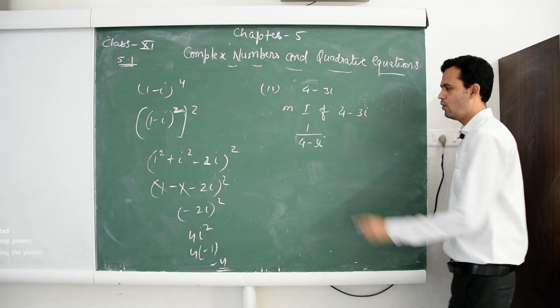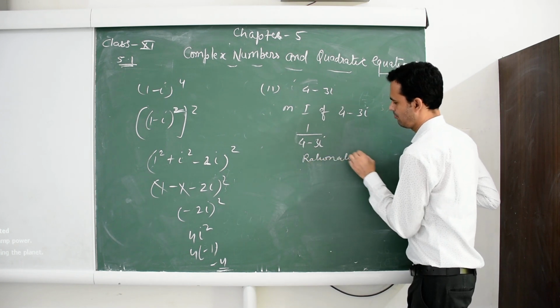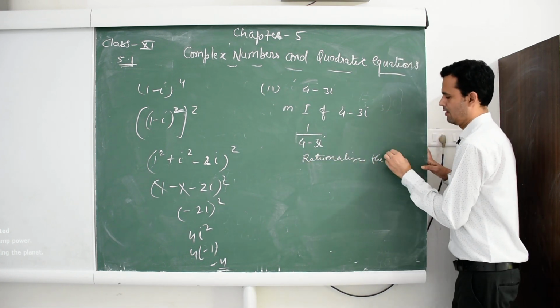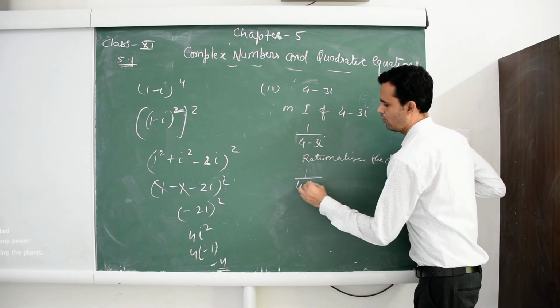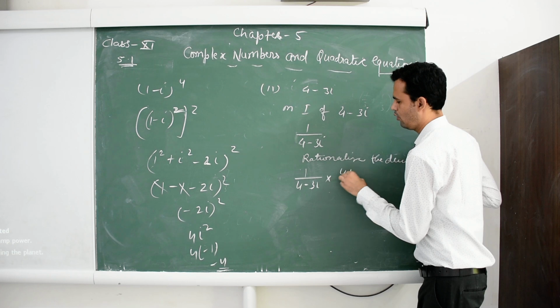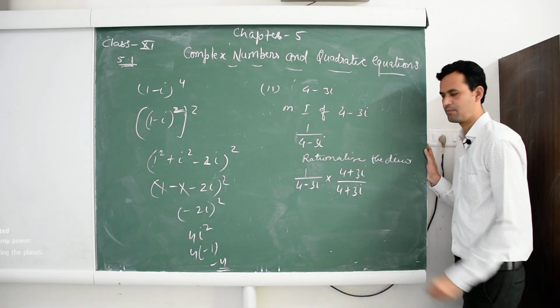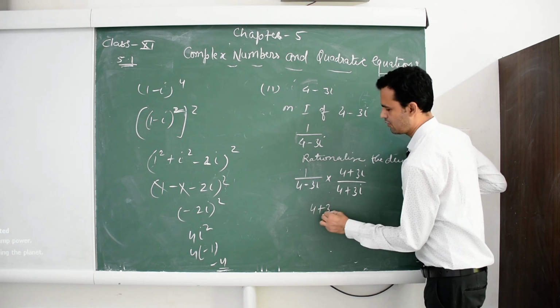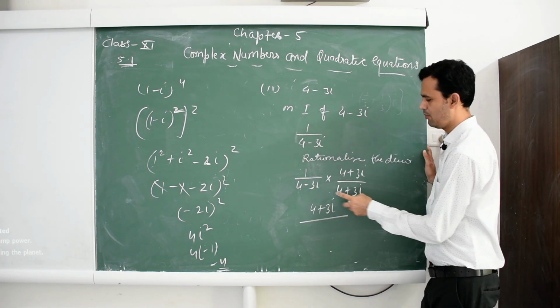Now rationalize the denominator. So 1 upon 4 minus 3i into 4 plus 3i upon 4 plus 3i. So in the numerator this is 4 plus 3i, in the denominator (a minus b)(a plus b).